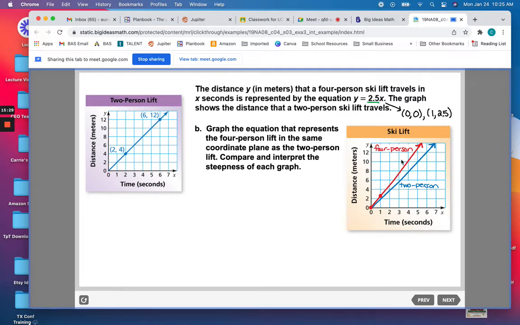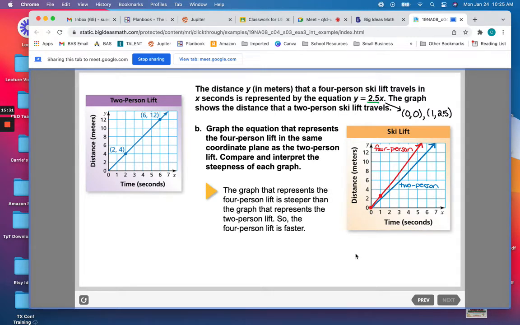That's showing you that it's a lot faster. Because we went up 2.5 over 1. That's why the dot's here. Any questions on this?